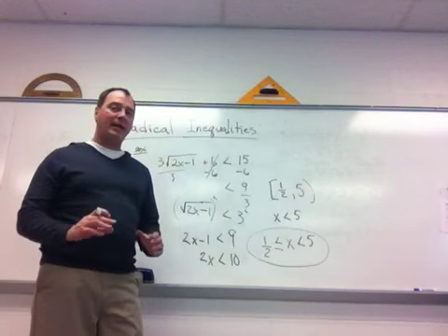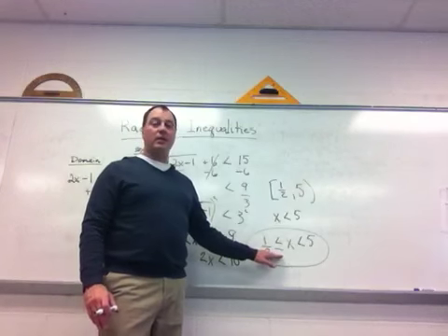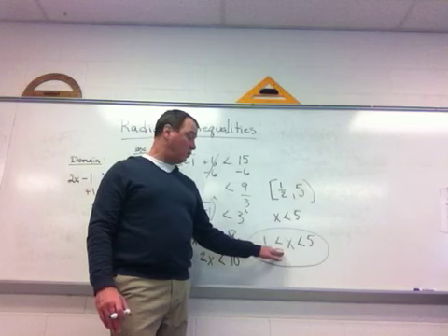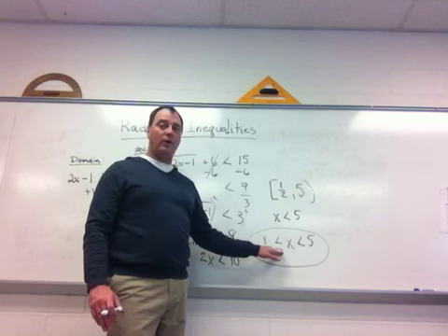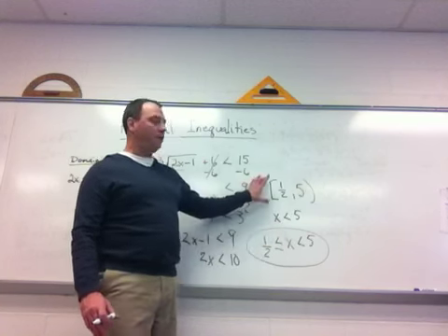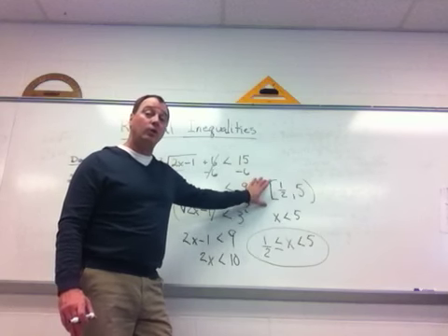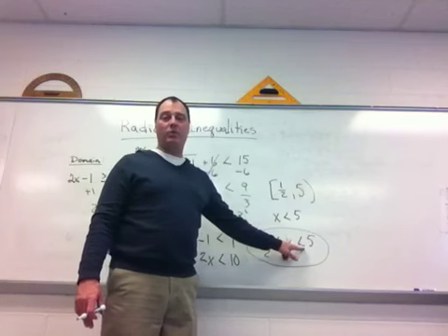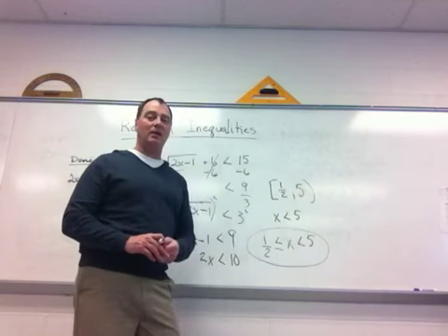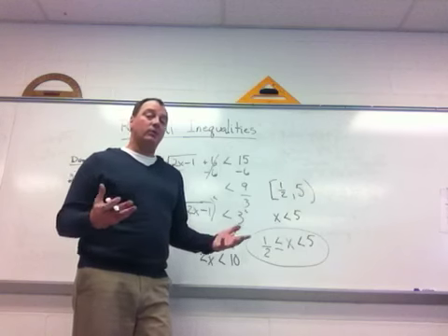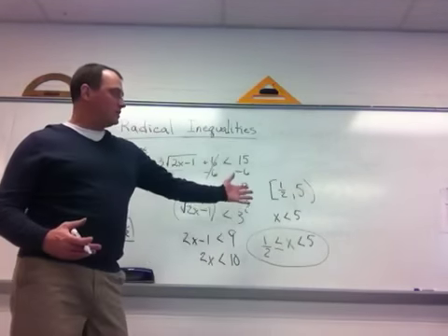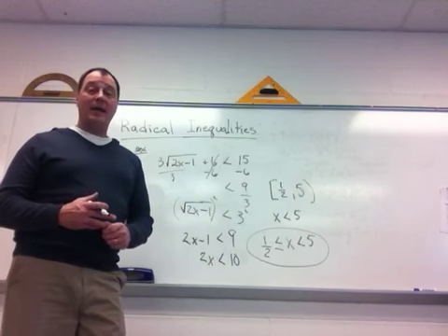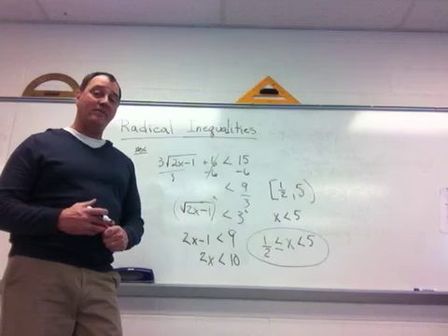The reason for the bracket is that in this interval x is greater than or equal to 1/2. The equal sign implies that we include that, so we use a bracket. If you look back here, the 5 does not have an equal sign, so we use a parenthesis for values that are not included. So our answer for this example is 1/2 is less than or equal to x, which is less than 5.